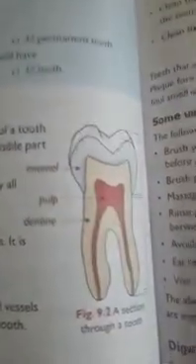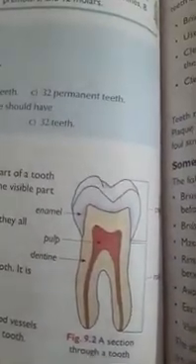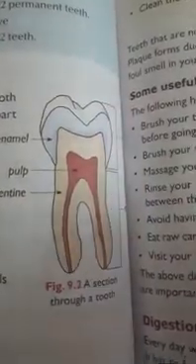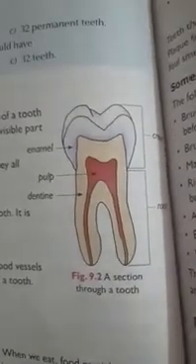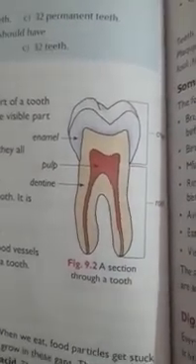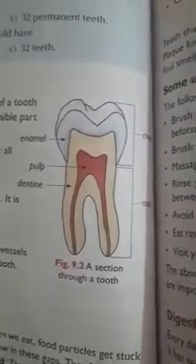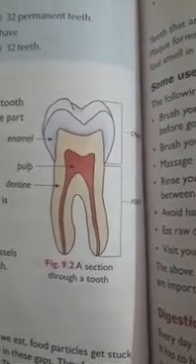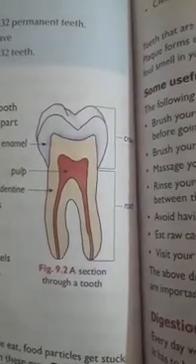When we examine a section through a tooth, we can see the following parts. Structure of tooth: teeth are fixed in the gums of our jaws. Our mouth has 2 jaws, upper jaw and lower jaw. Some part of a tooth is hidden inside the gum.